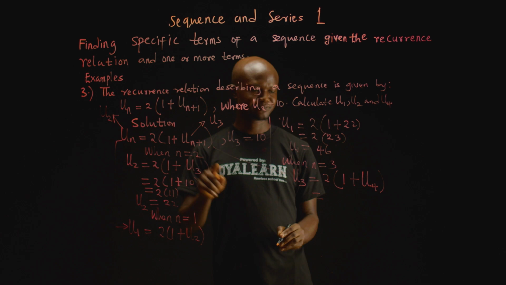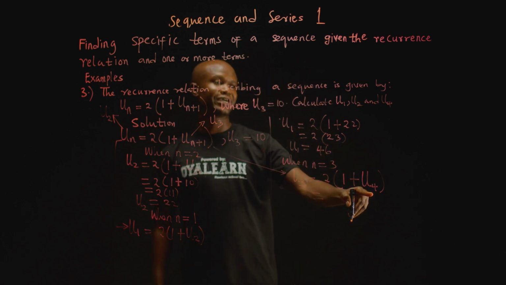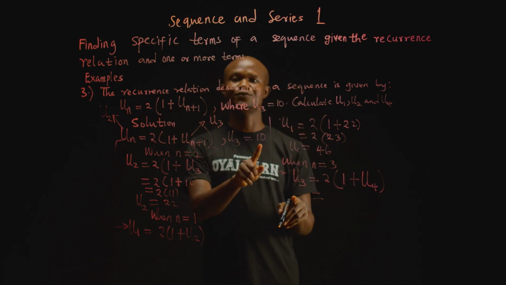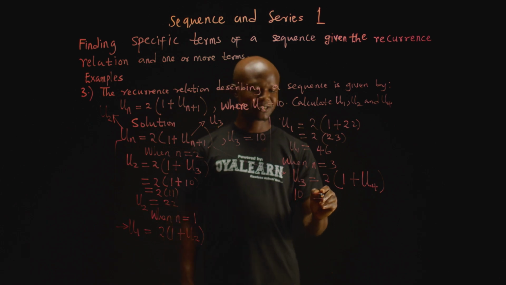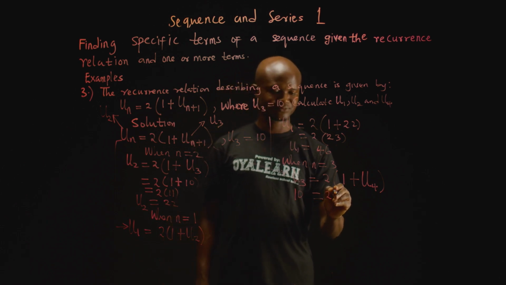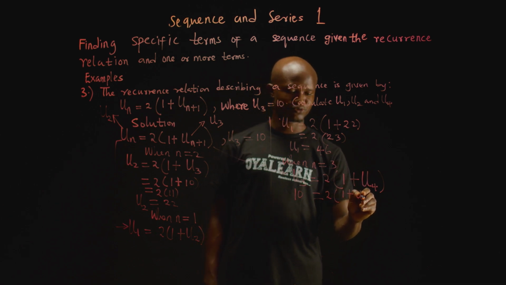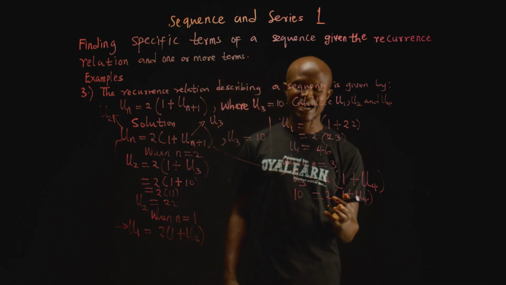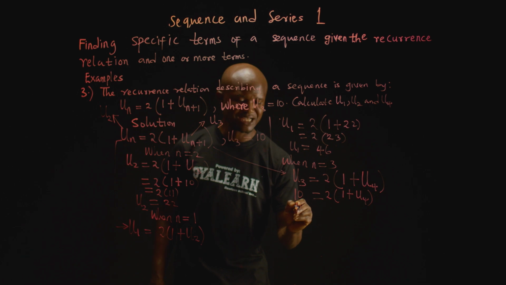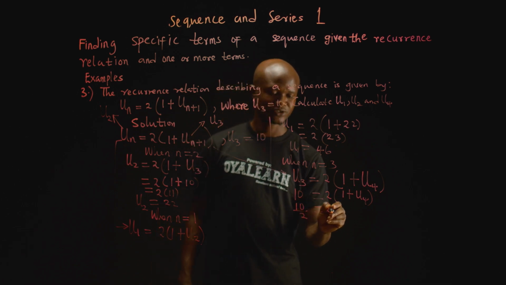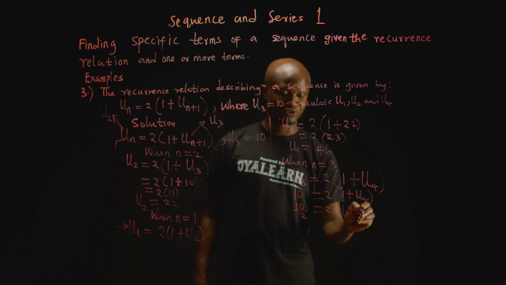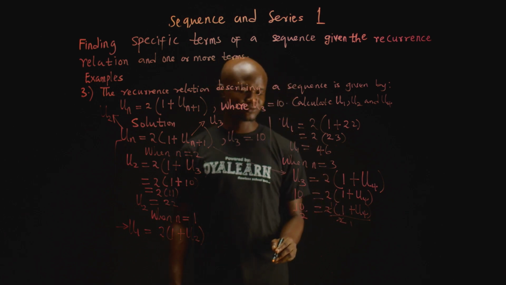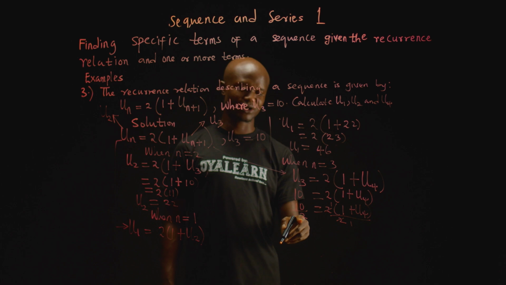Then we want to look for u_4, don't forget. What's the value of u_3? u_3 equals 10, so we substitute 10 here. Then we have 10 equals 2 into bracket 1 plus u_4. From here, we can reduce this equation by dividing both sides by 2. 10 divided by 2 is 5.